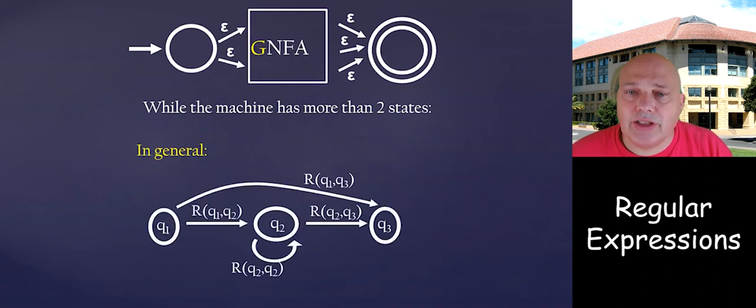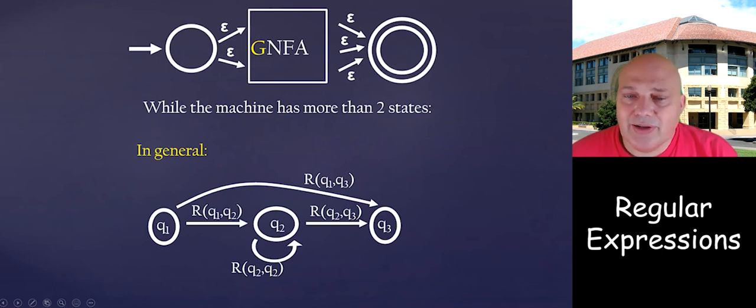So more generally, once you already have edges that are labeled by regular expressions, you're going to remove an internal state, and you're going to replace every path that goes from Q1 to Q3 that could have gone by this state, and in addition, the path that didn't go through this vertex.